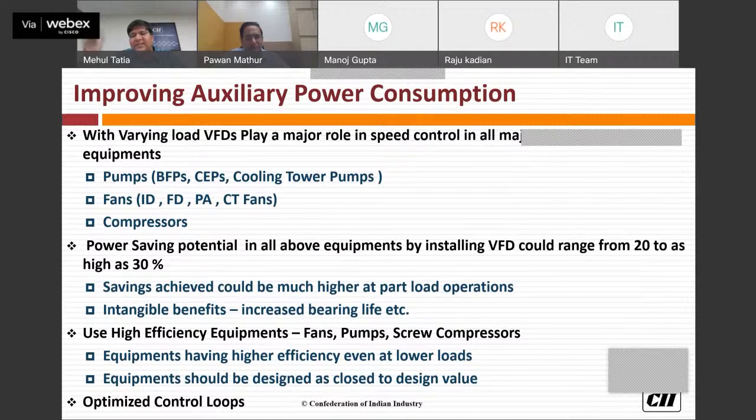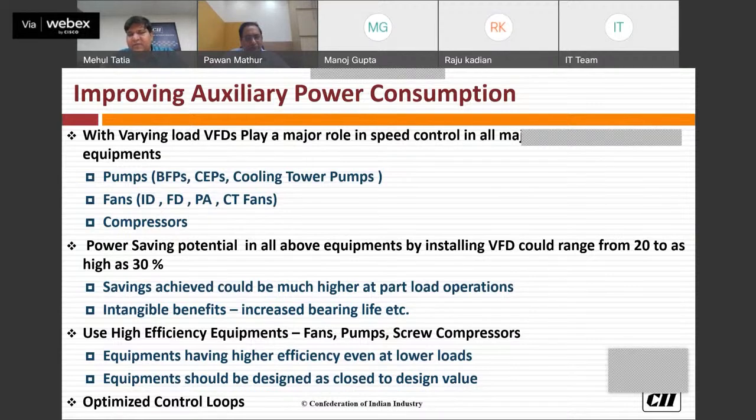Because of that, there is a significant mismatch between the actual requirement and the design requirements. So whenever you are considering a retrofit of your boiler feed pumps, ensure that you design it as close to your actual operations rather than 1.5 times the drum pressure, because that will bring your operating point and your design point closer and give you higher efficiencies.